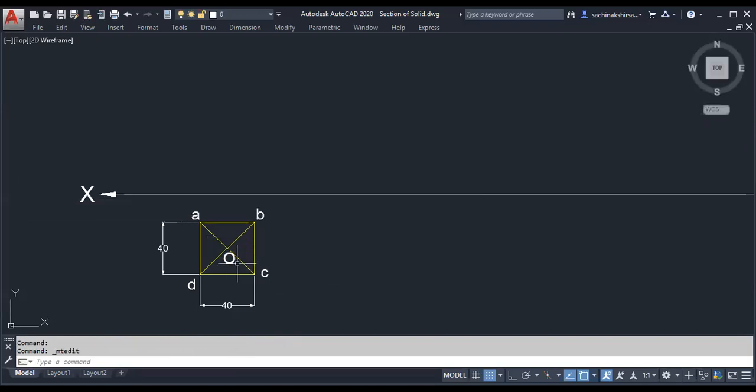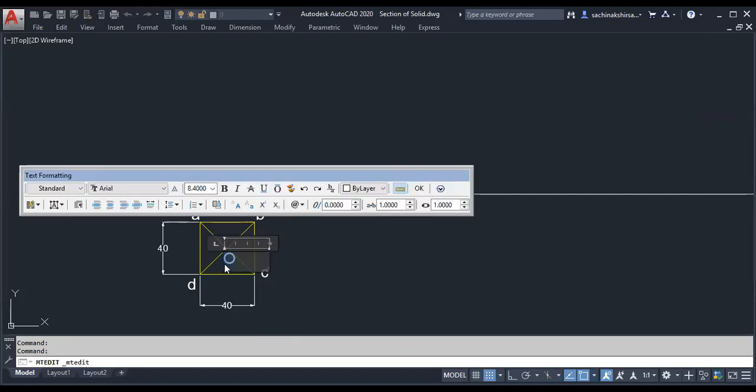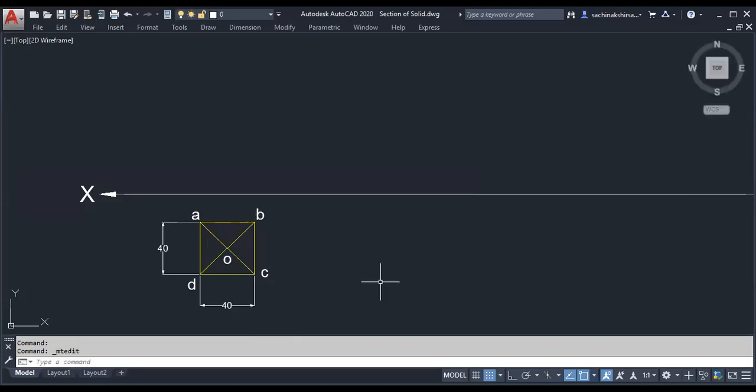Okay. So how many edges is it having? Who will tell how many edges it is having? Five? Which are they? Edges, I must say.